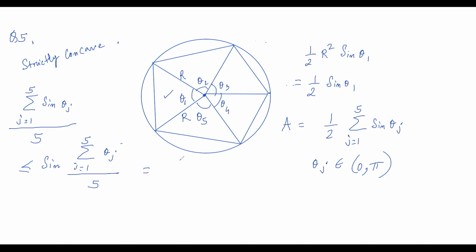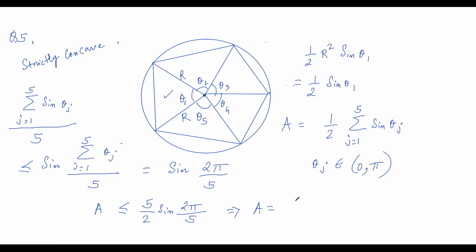And now you know that the sum of all those theta j's is 2 pi. So this is equal to sine 2 pi over 5. So now we have that the area of this whole pentagon is less than or equal to 5 over 2 sine 2 pi over 5. And now the problem tells us that the pentagon should achieve its maximum area.